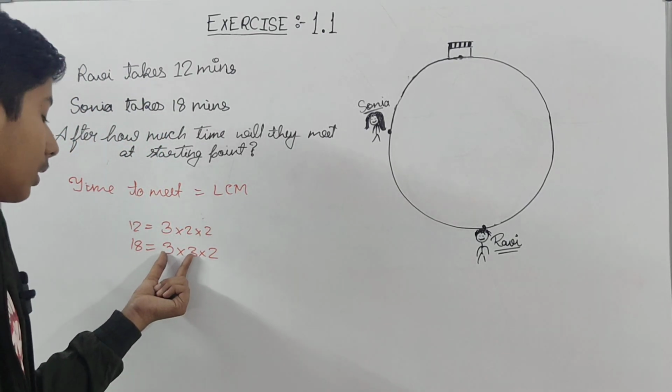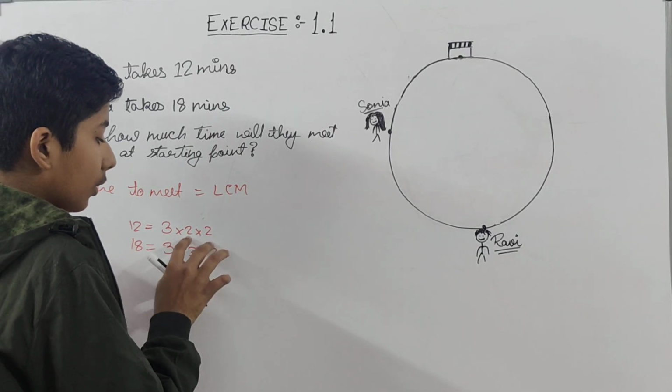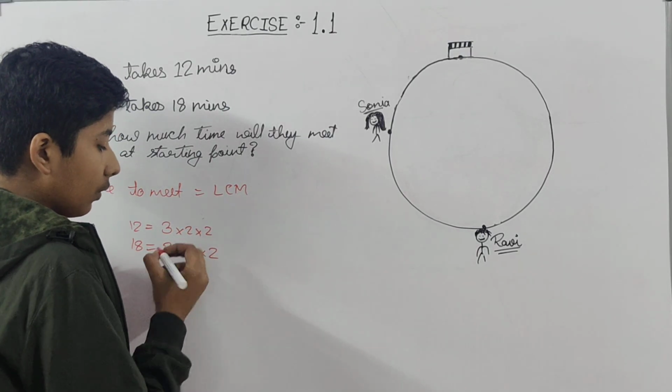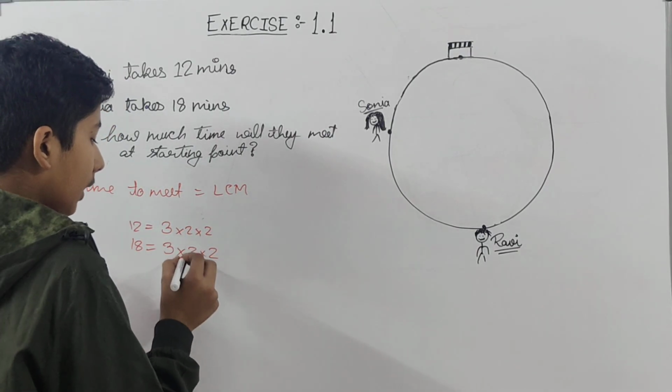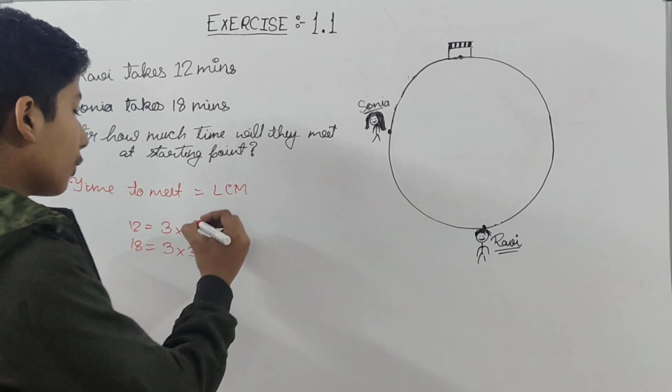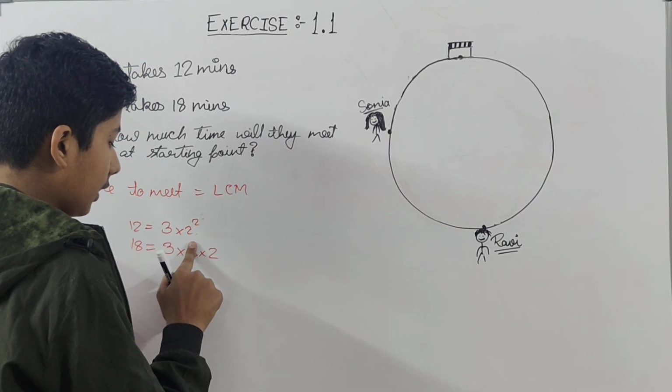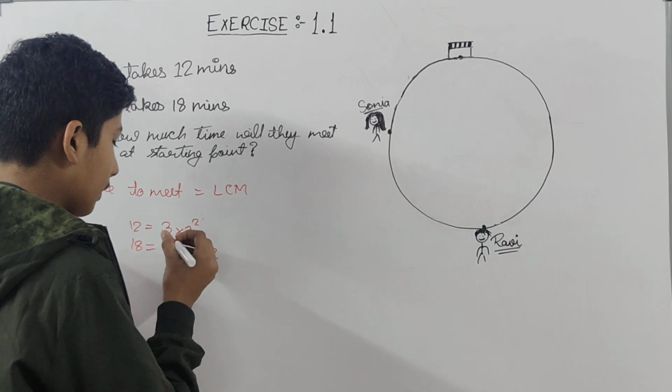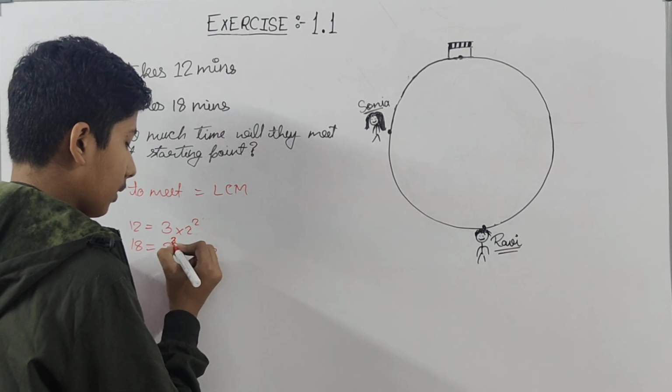So this can be written as 2 square and this can be written as 3 square.